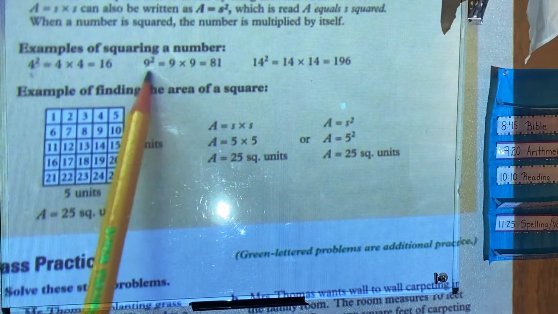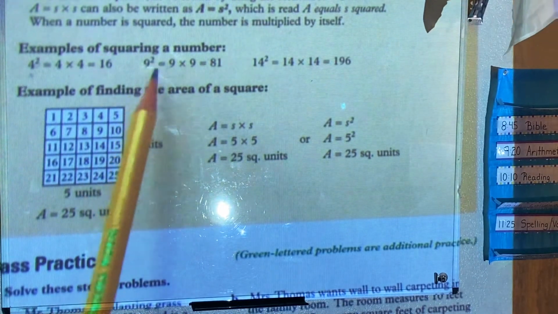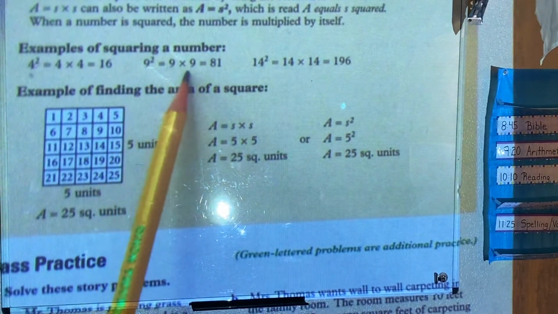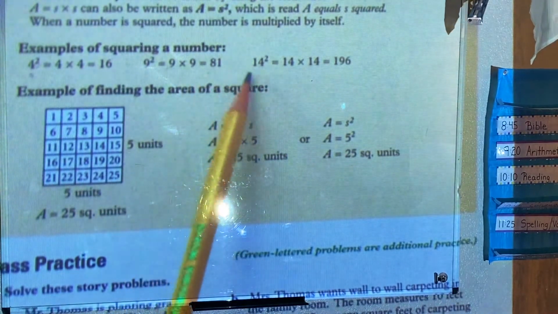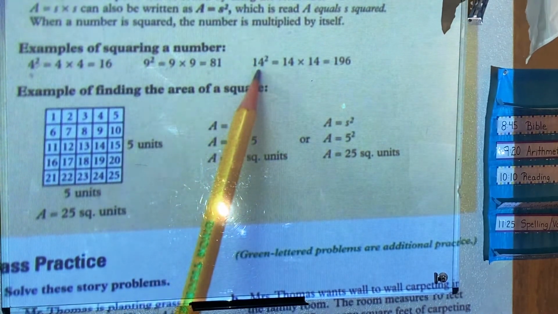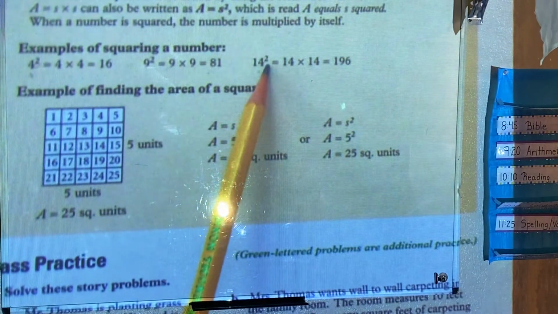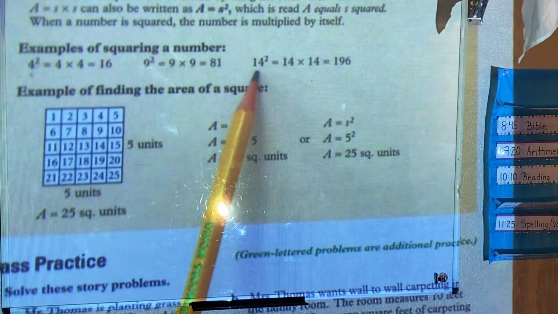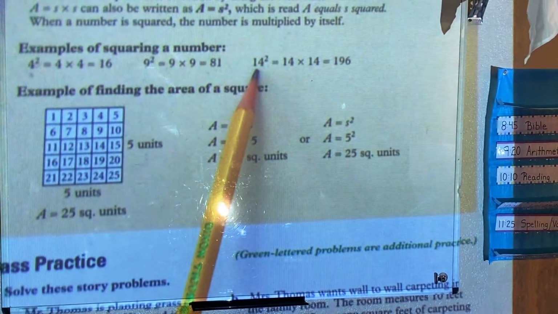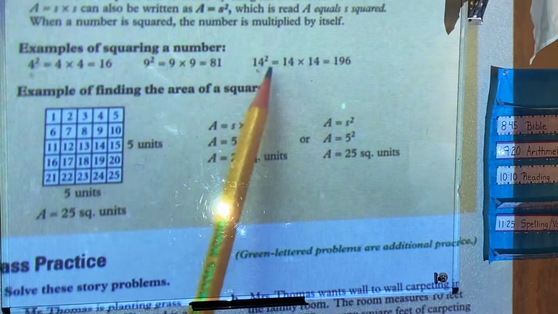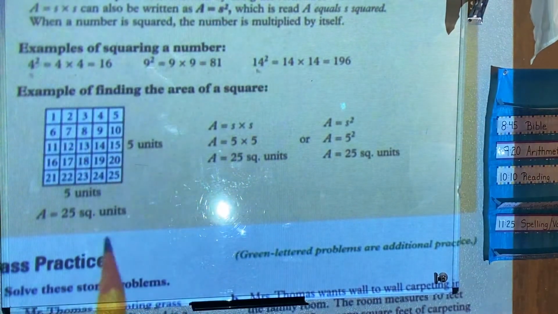The next number is 9 squared. That's 9 times 9, which is 81. The next number, 14 squared. Again, the 14 needs to be multiplied by itself, so 14 times 14.